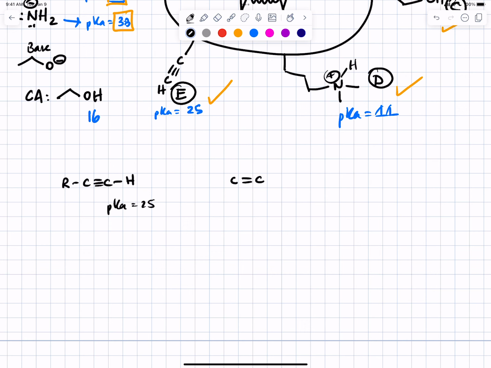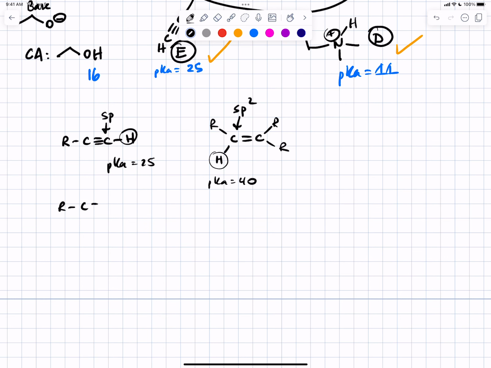If you go to not the alkyne, but the alkene, that pKa is around 40. So just changing the hybridization of the atom that's going to bear the negative charge in the conjugate base, from sp to sp2, dramatically changes the pKa.